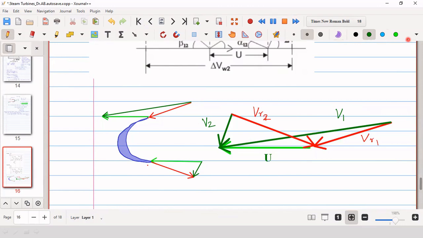Like this, you can write. So this will be alpha 1, this will be beta 1, this is alpha 2, and this is beta 2. Okay. So that is the way to draw.